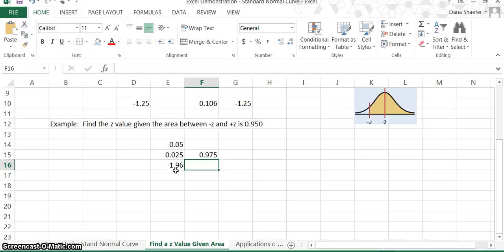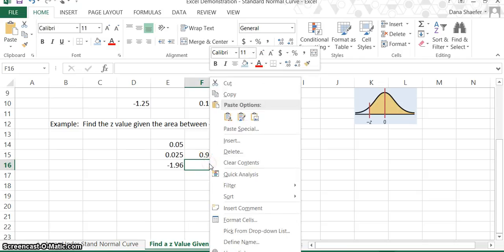The positive z, by symmetry, wouldn't I guess before even doing the work that it's going to be plus and minus 1.96? That z is going to be exactly the same on the two sides because the 0.95 is centered at the mean. So let's check what we guessed.